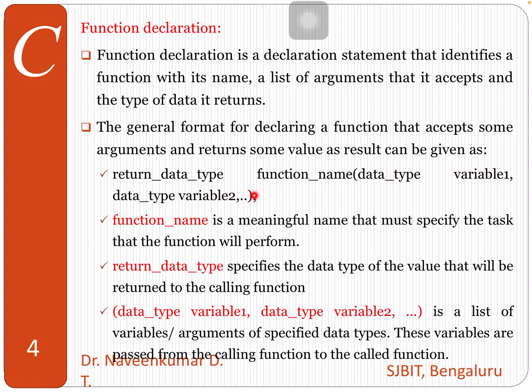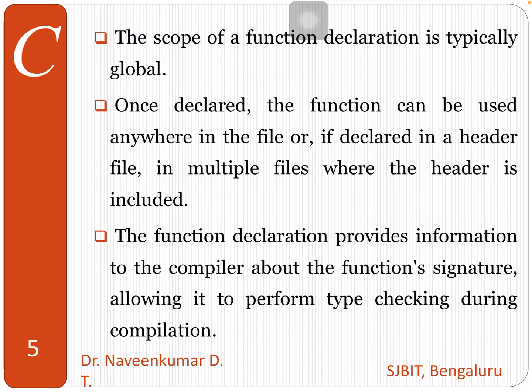That is, any number of variables you can define, right? Generally when we define a function, its scope is global. Once we define a function in a program, that can be used anywhere in the main program, right?